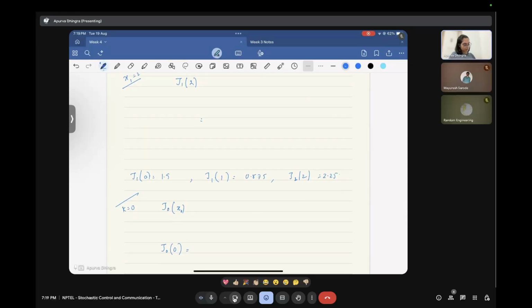You'll get some values. I think my values, the ones that I've written here, are not correct. But anyways, you'll get some values and you'll find out what is the optimal policy for each of them.